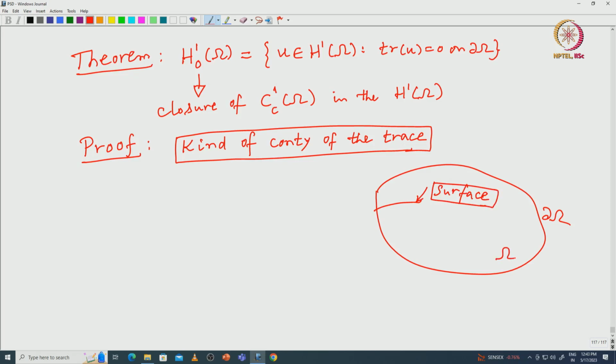Okay, this is omega. So, let me write that. In fact, we have done this to some extent when defining the trace. So, I am doing the same thing again.